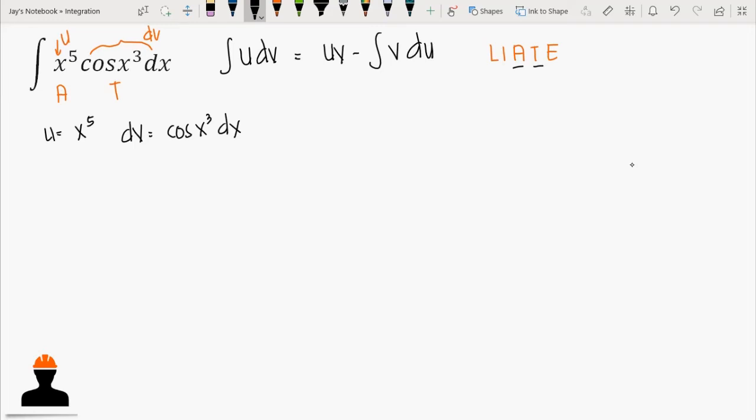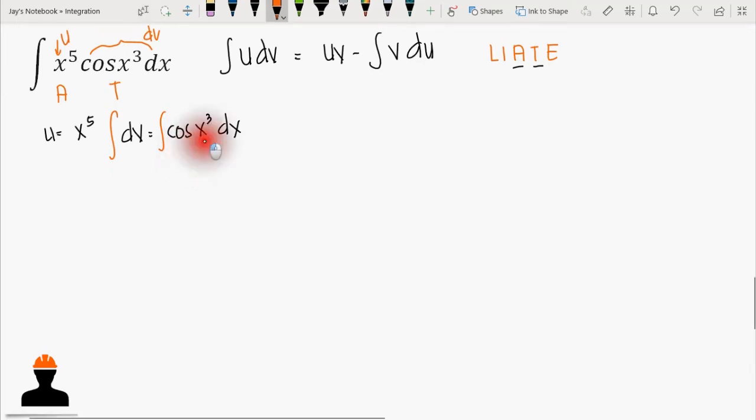Take note, we need to compute for v, and the only thing that we have here is dv. If we integrate dv, or the integration of cosine x cubed dx, take note, this integrand can't be integrated using any trigonometric rule or power rule.